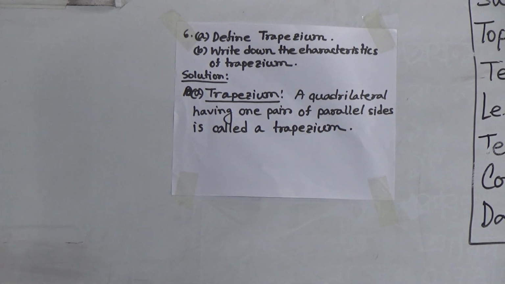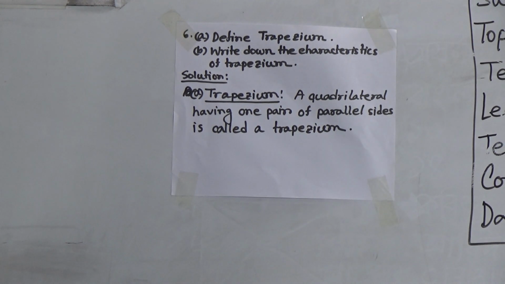Dear students, we have already learned rectangle, parallelogram, square, rhombus. In those figures the quadrilateral has two pairs of parallel sides, but in this case there is only one pair of parallel sides and the other sides are not parallel.